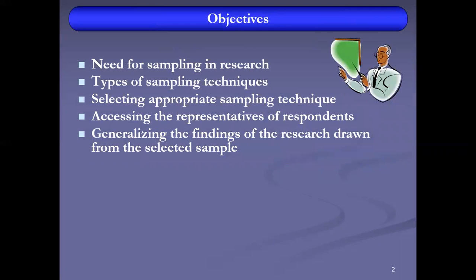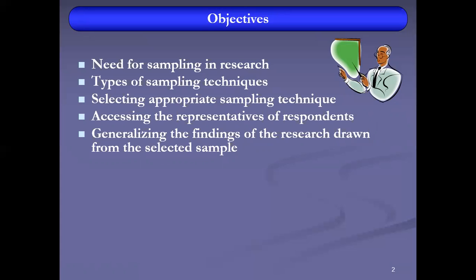Okay, the objectives of today's topic are: the need for sampling in research, why we need to select the sample; types of samples, since there are different sampling techniques that we will discuss; selecting an appropriate sampling technique; and assessing the representativeness of the respondents.